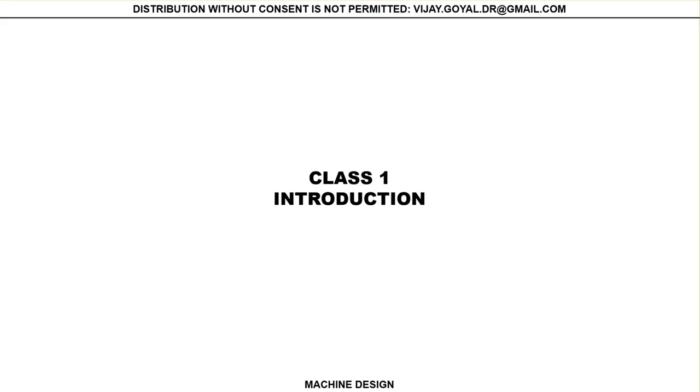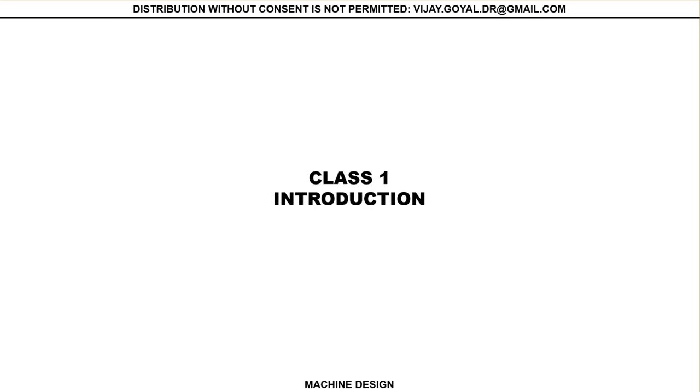Once I identify my critical location, which can be anywhere depending on the load system and the boundary conditions, then I'm going to do the rest of my analysis. That would be the topic of your next class.